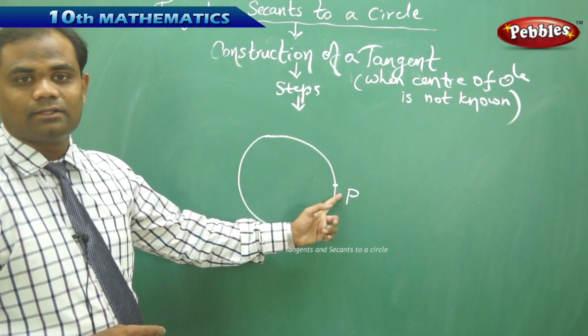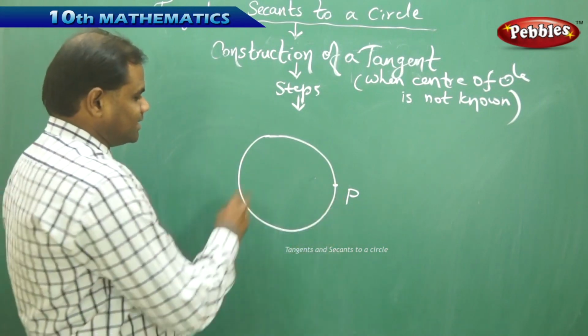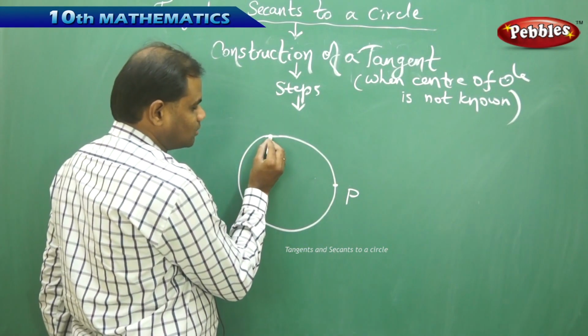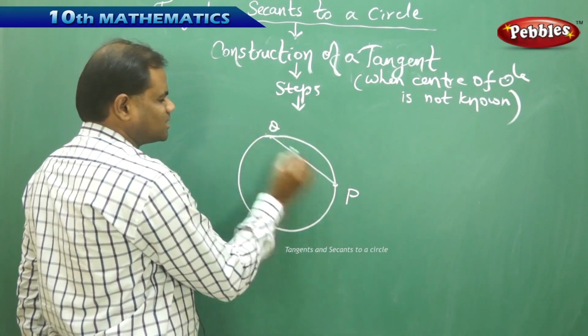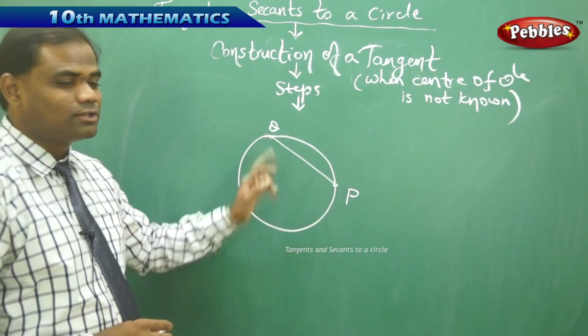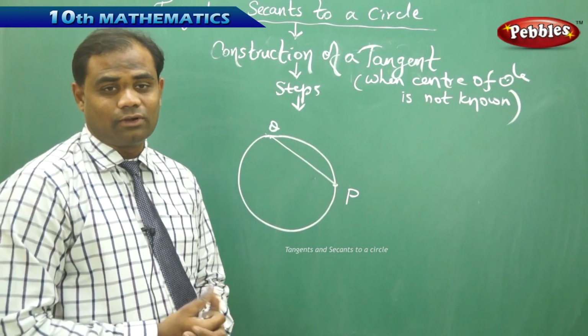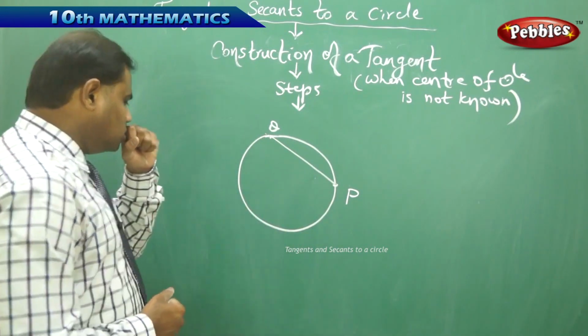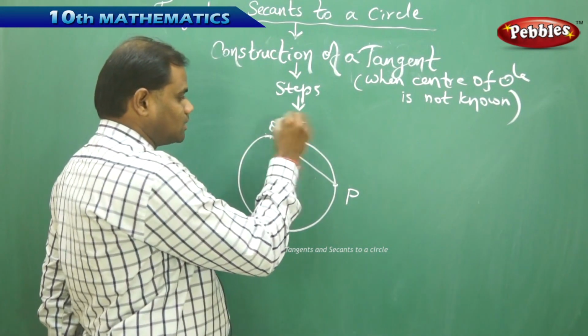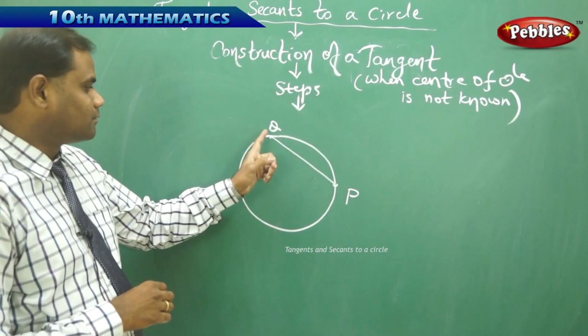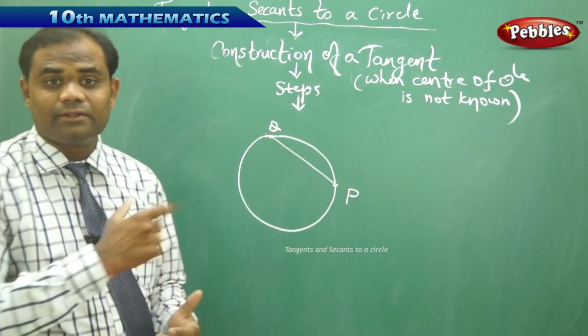Then I join to get the chord. So let me take another point Q on the circle such that I join so that PQ is the secant or the chord of the circle. With P and Q joined, with Q being a point on the other side of the circle, I try to create the radius.